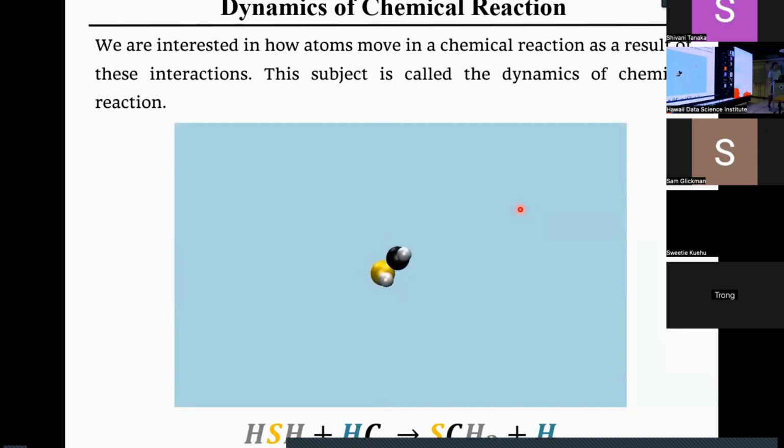And remember, a chemical reaction is a rearrangement of atoms, correct? If you recall what they looked like at the beginning, they were well separated. Yeah, you see, right? You see some dissociation happen.